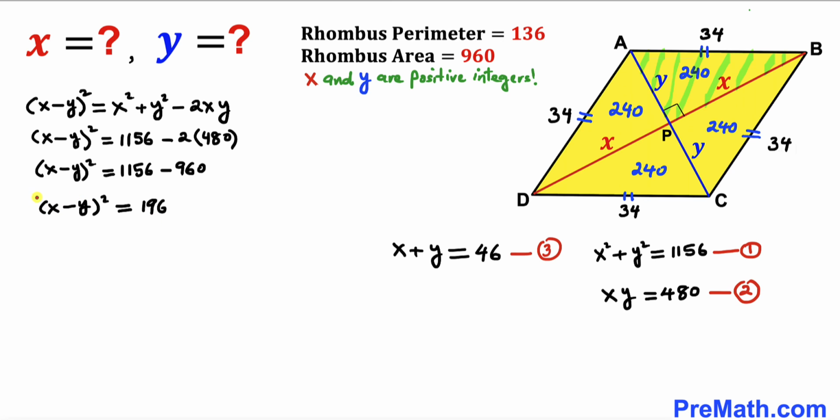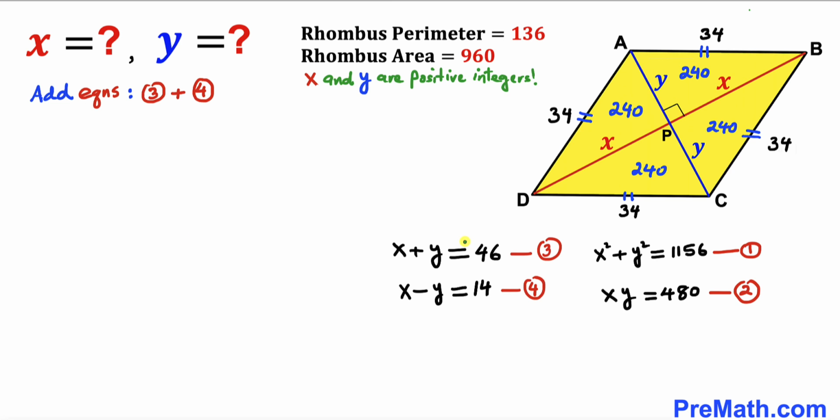Taking the square root on both sides, x minus y equals positive 14. Let me call this equation number 4.